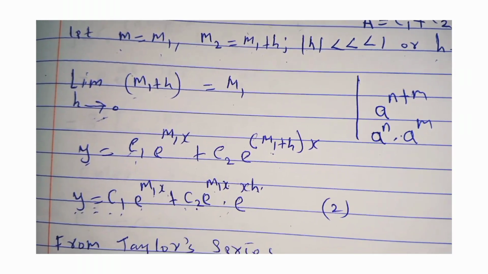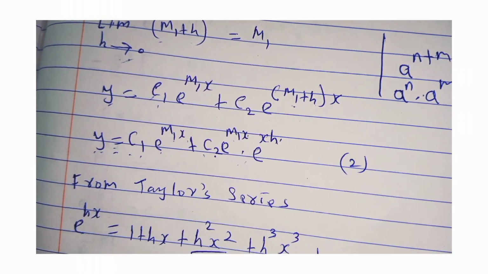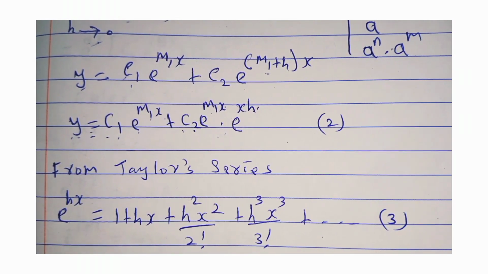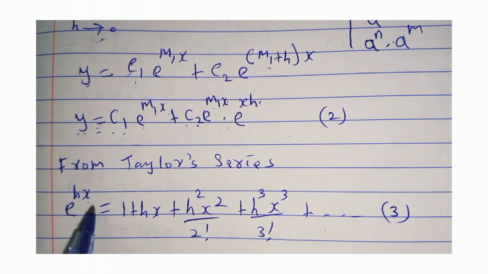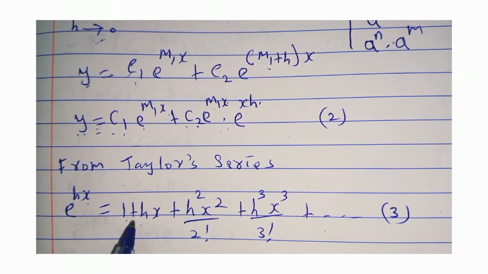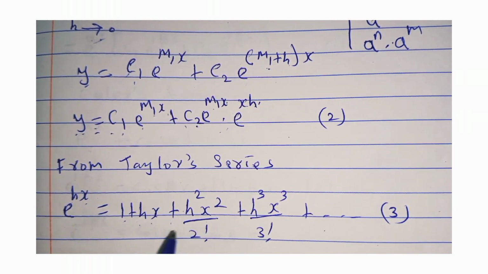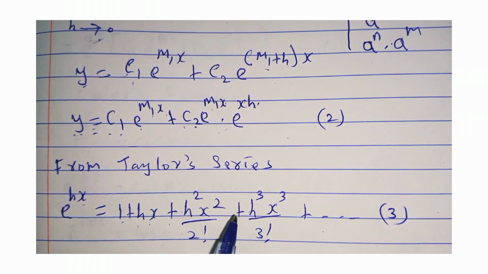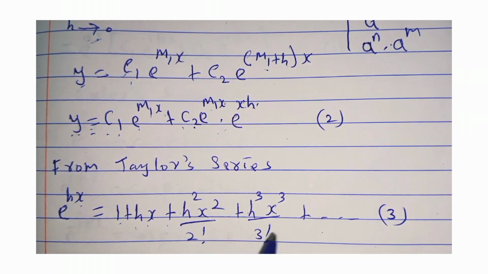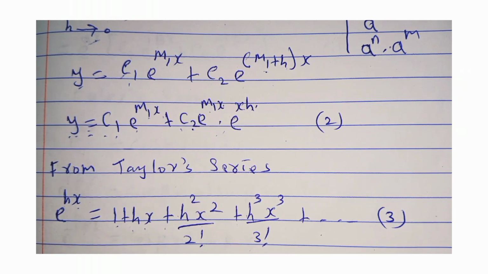Now, from Taylor's series, we can write exponential hx in this form here: 1 plus hx plus h squared x squared divided by 2 factorial plus h cubed x cubed divided by 3 factorial plus all the way to the last term.